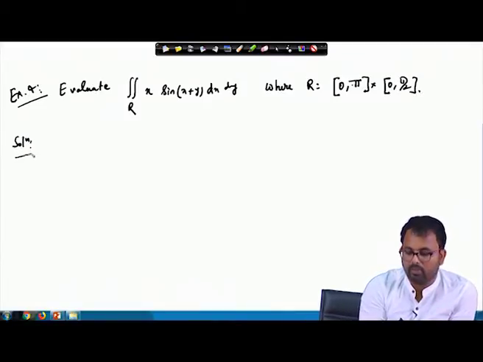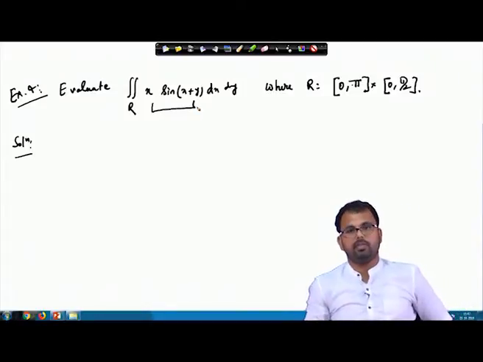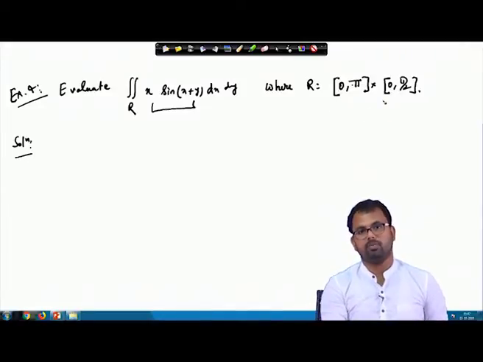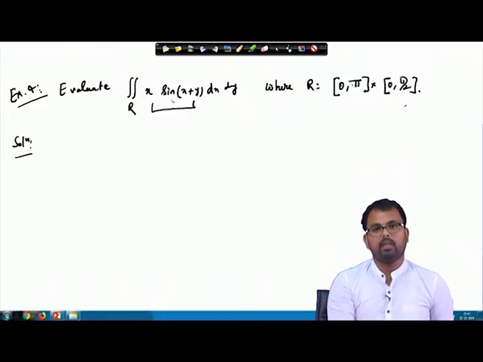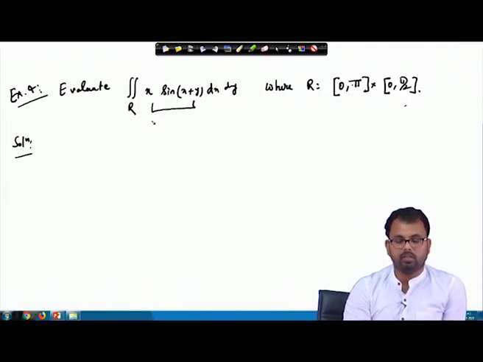So, again just look at this integrand, it is basically x times a trigonometrical function, sine actually. So, the integrand is bounded on this rectangle R, and as a result this double integral will exist. And now, we will treat this double integral by the repeated integral method.